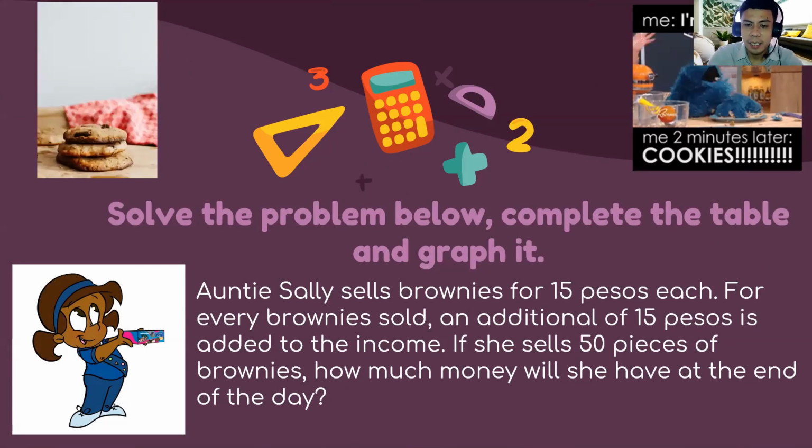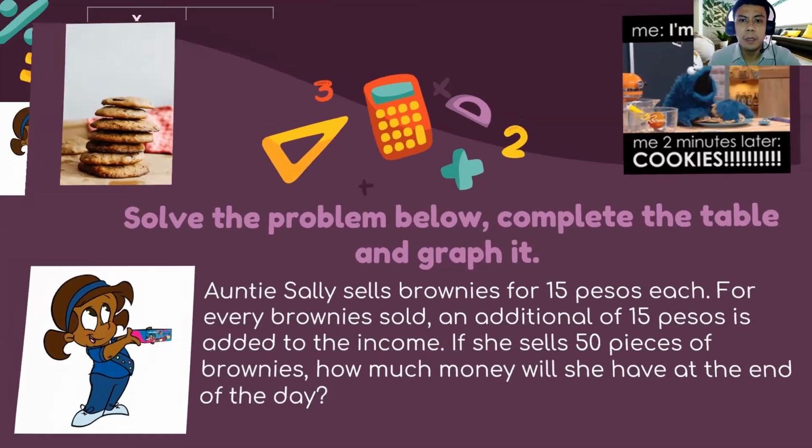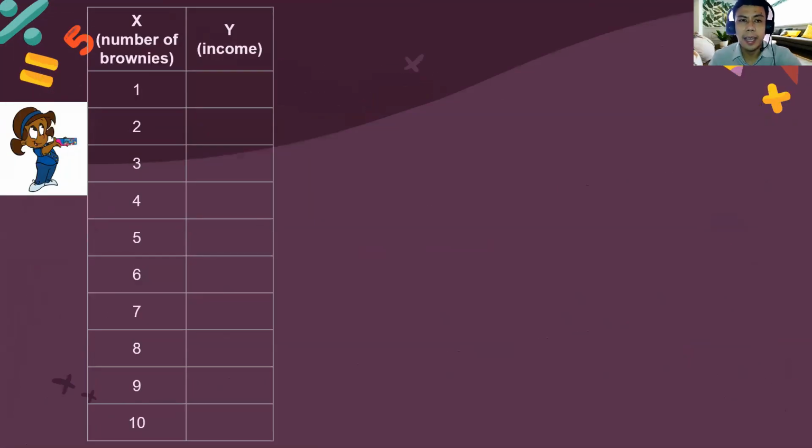Okay, so let's show it in a table, and let's graph it. We have here 2 columns. The first column is the X, which is the number of brownies being sold, and the second column is the Y, which is the income from the brownies being sold.